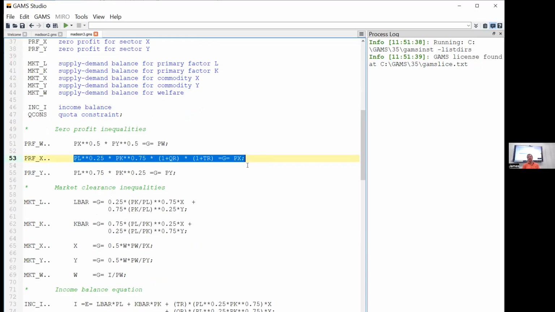Well, again, as in the previous example, they enter symmetrically. In the pricing equation, marginal cost times 1 plus QR or 1 plus TR is the marginal cost inclusive of the distortion greater than or equal to price. So they appear again completely symmetrically. They appear from that equation as looking identical.